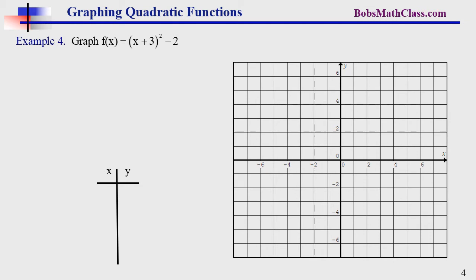So it's moved to the left 3 units. And then the minus 2, that moves it up or down. So inside the parentheses, think in terms of opposite. It says x plus 3, so think of the opposite of plus 3, which would be negative 3. And outside, you take the same number, so minus 2, that means it's going to be moved down 2 units.